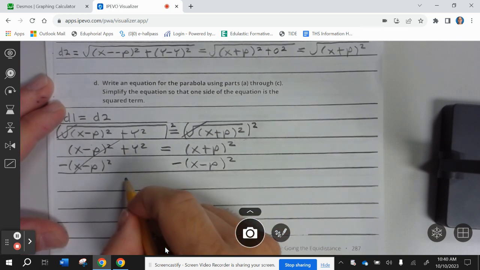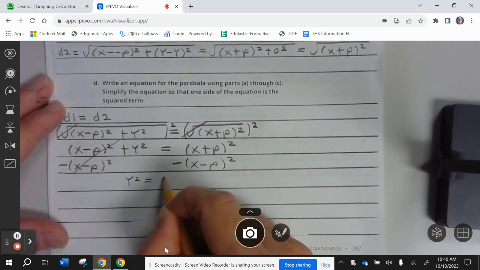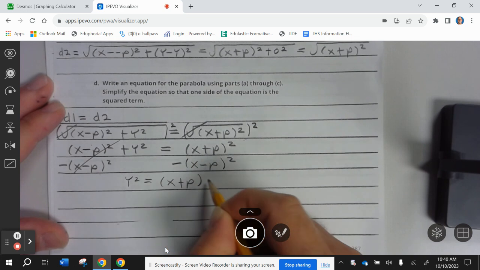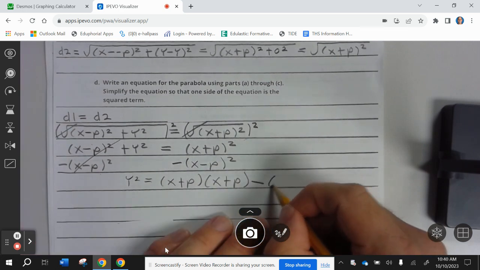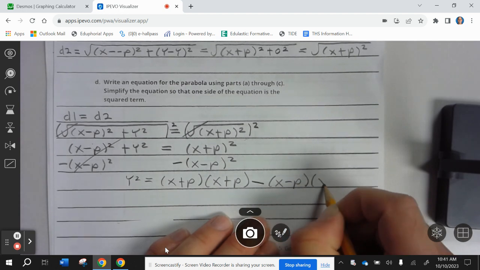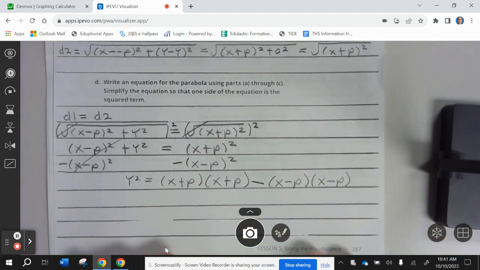That cancels. You're left with y squared equals (x plus p) times (x plus p) minus (x minus p) times (x minus p).